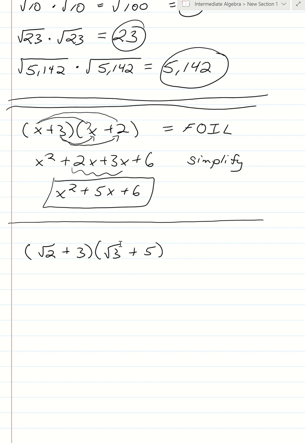We want to multiply these two expressions together. Well, we're going to have to use a similar approach in that we're going to have to, once again, FOIL these together.